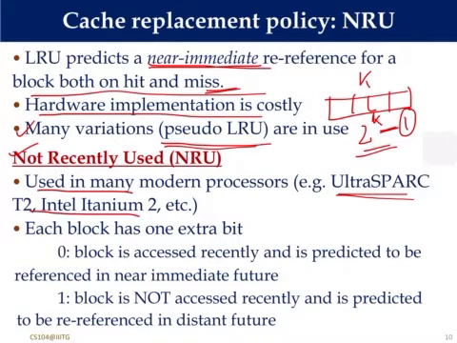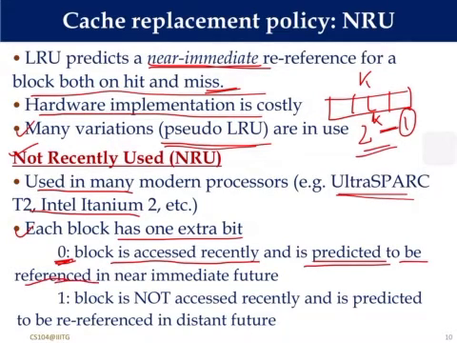Now each block has an extra bit. The value of that bit tells the characteristics of that block. If the value is 0, that means the block is accessed recently and it is predicted to be accessed or referenced in the near future, similar to LRU, but we are keeping only 1 bit.